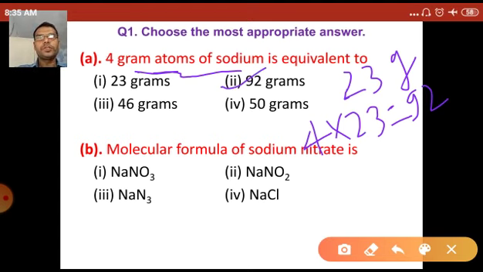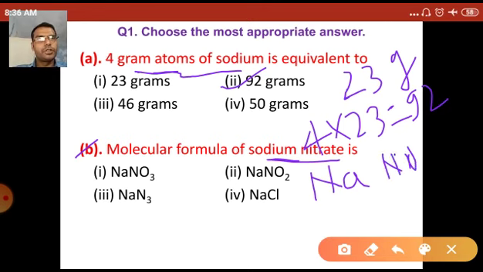Now the next question, B number. Molecular formula of sodium nitrate is. This is sodium nitrate. You know that you write the symbol of sodium and you write the symbol of the nitrate, NO3 minus.